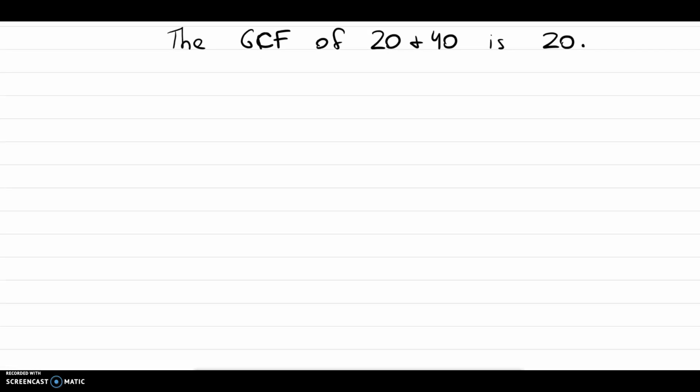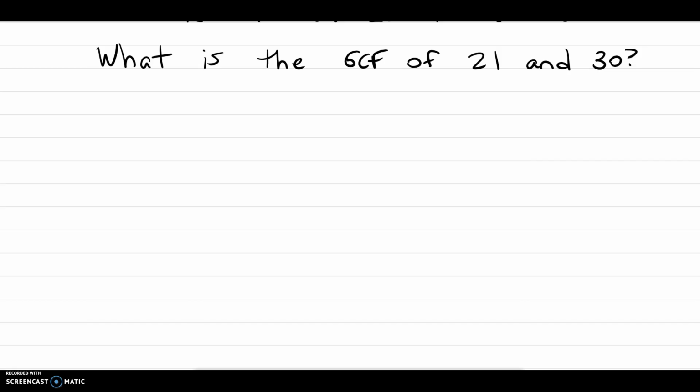Another way is through prime factorization. So what is the GCF of 21 and 30? Let me make that G look very clear.